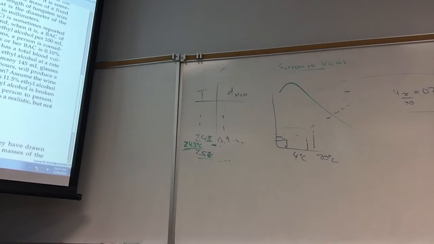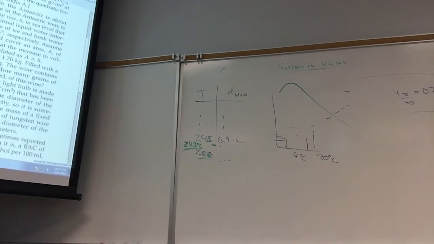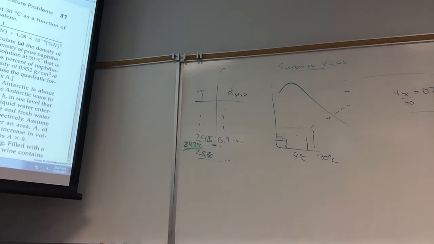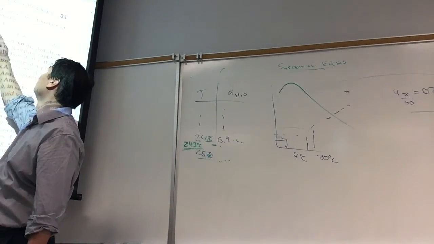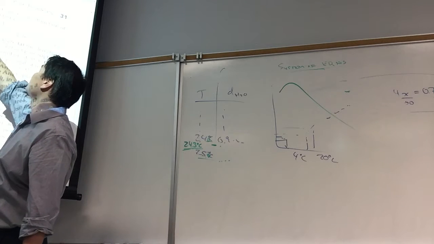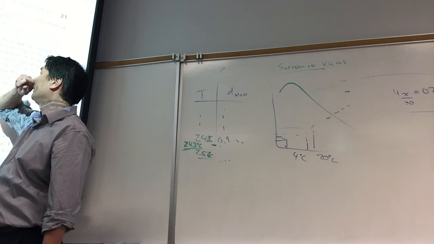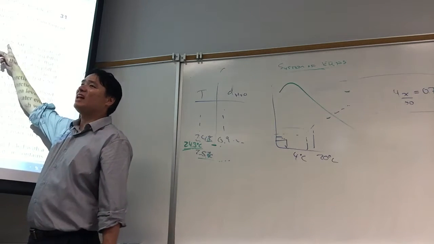A tabulation of data lists the following equation for calculating densities of solutions of naphthalene, which is an organic chemical, and benzene. So we have a two-component mixture here, naphthalene and benzene at 30 degrees C, as a function of mass percent of naphthalene.